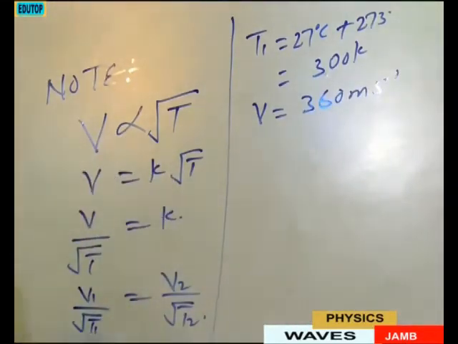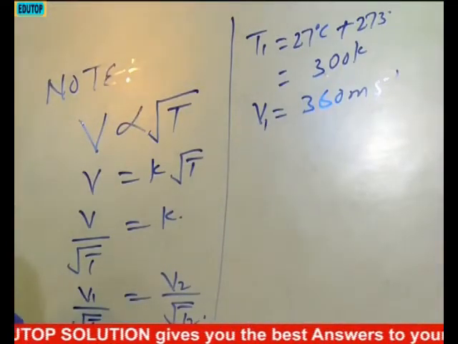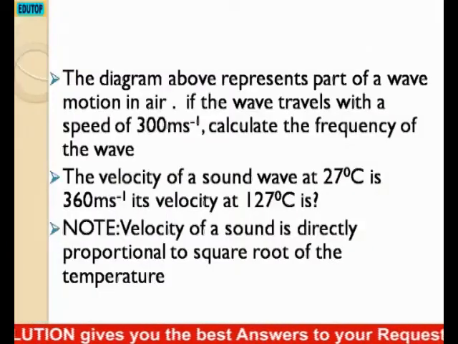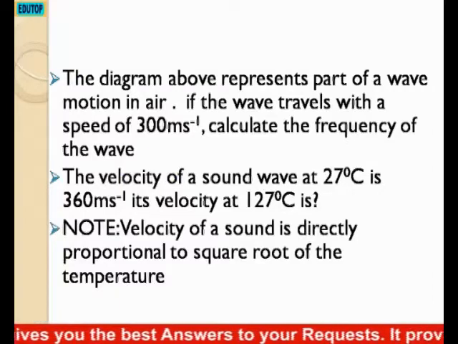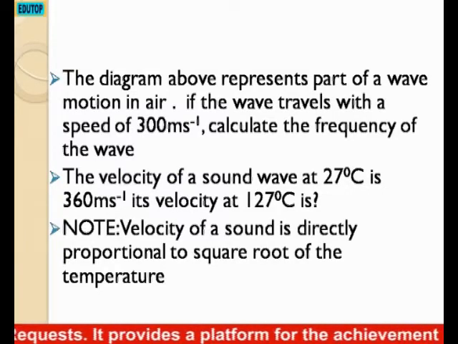The question says the velocity of a sound wave at this temperature is this, which is V1. The question now says its velocity, V2, we are not given. But we are given the T2, its velocity at 127 degrees Celsius.